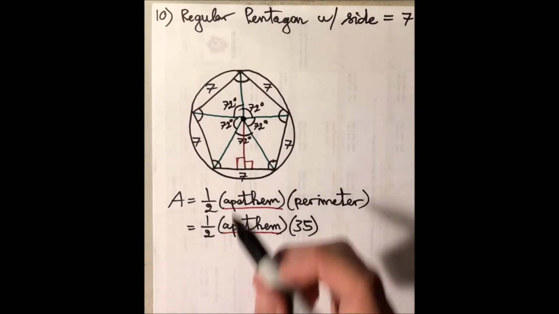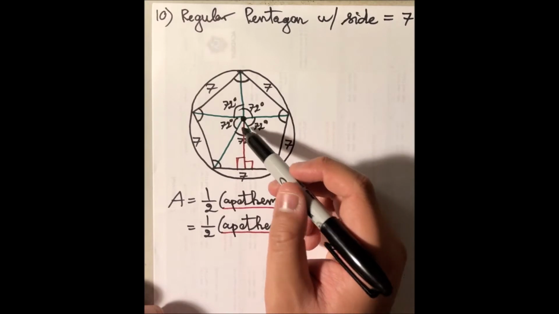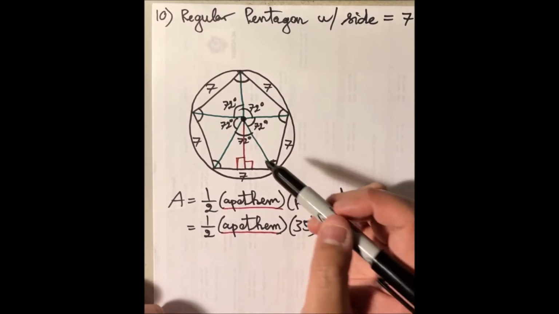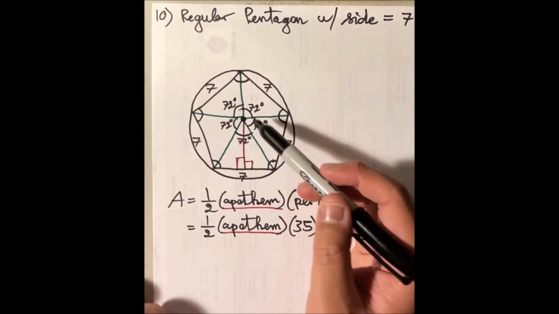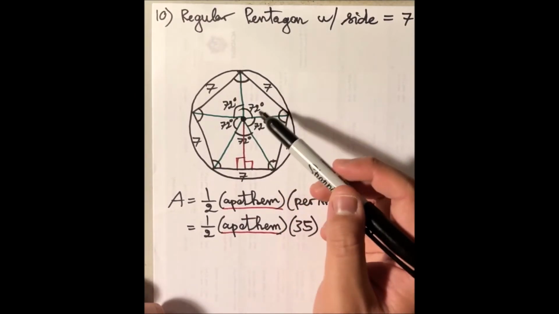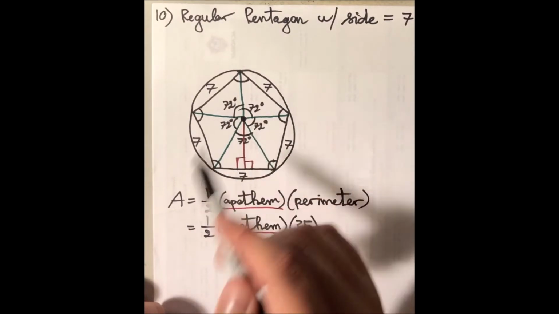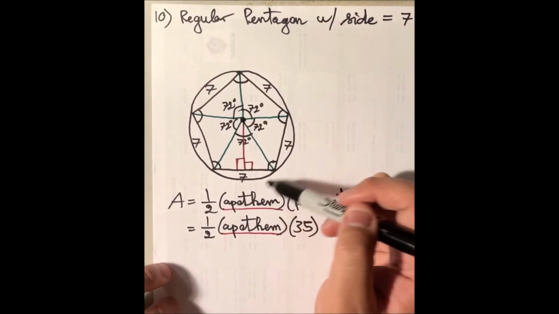Now, you can go ahead and draw the apothem in this triangle, this one, or this one, but we already drew one right here. And we know that all of these triangles are going to be the same anyway because this is a regular pentagon, and we cut the regular pentagon into all the same triangles. We're just going to go ahead and consider the bottom one.